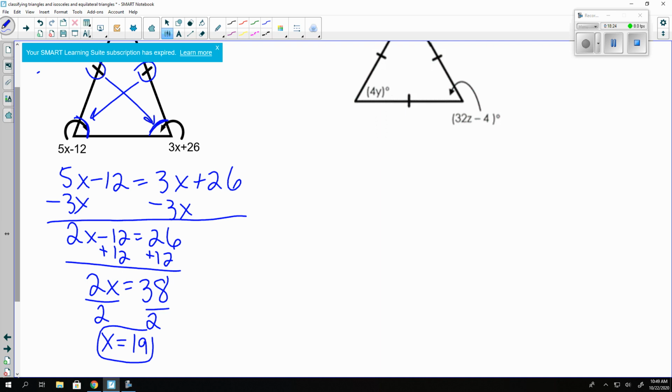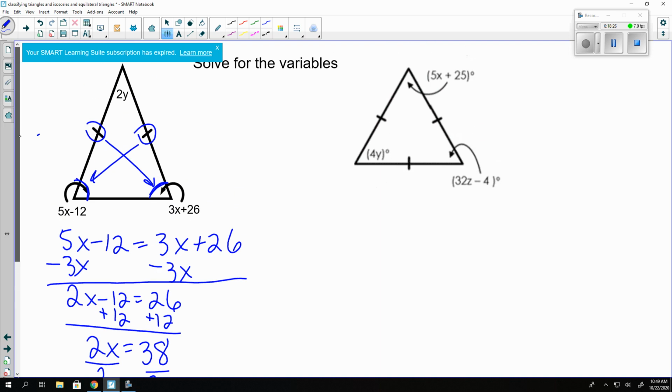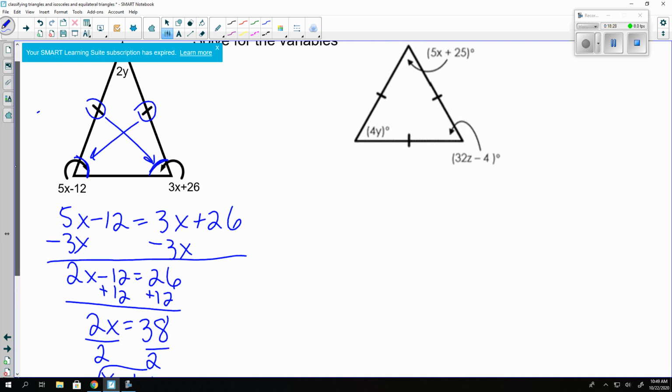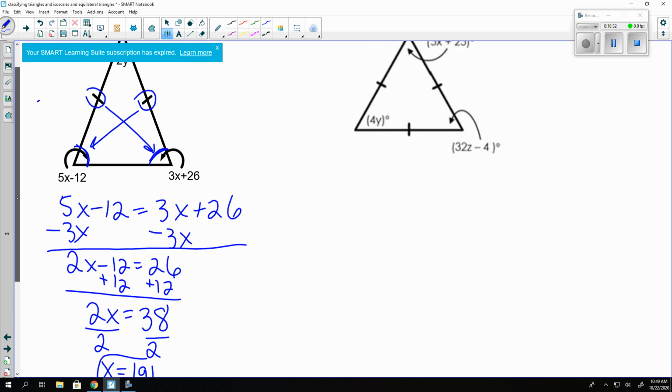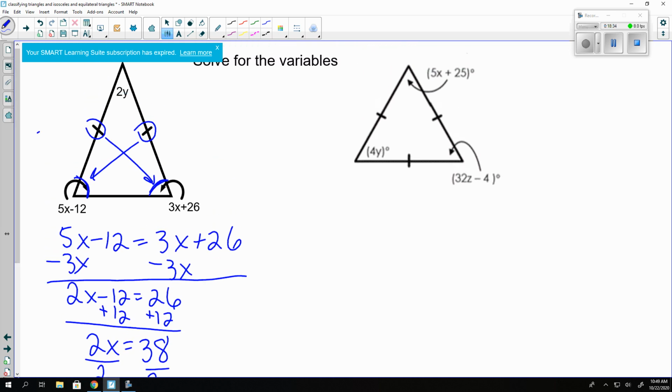Okay, and that's what they want us to do. They want us to find x and y and z on the other problem. Okay, so x is 19. Now we have to actually plug in here so that we can then use that information to find y. So let's do 3 times 19 plus 26.